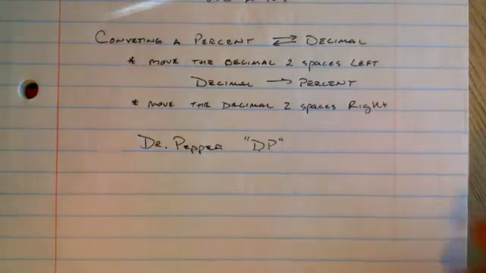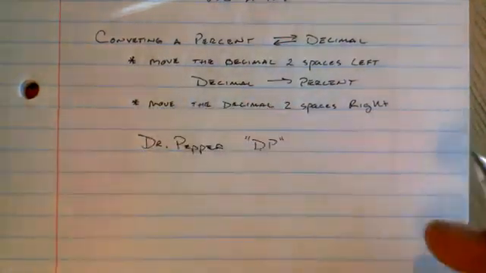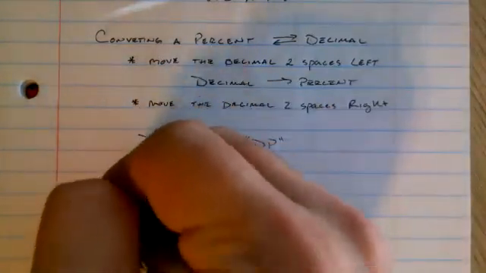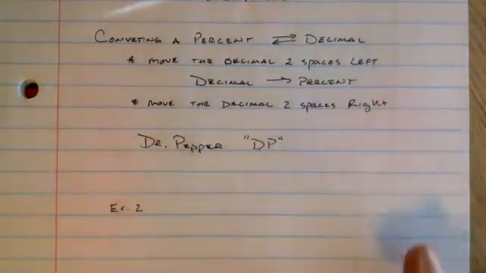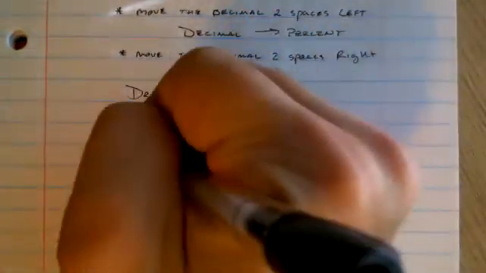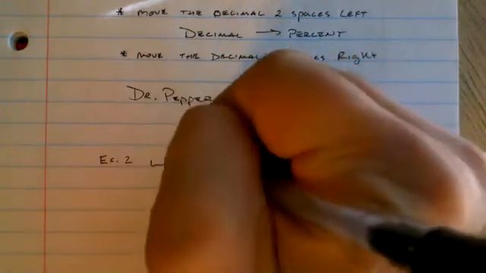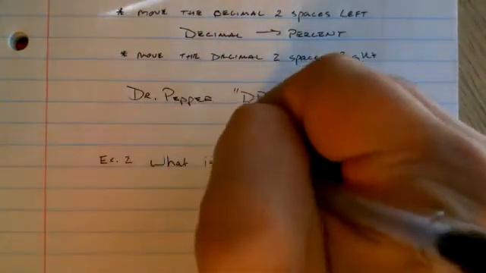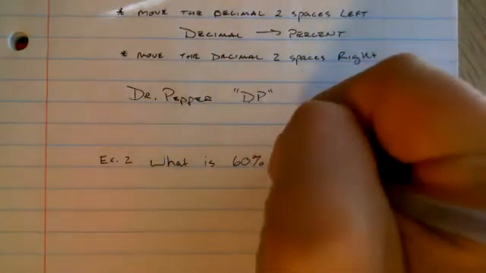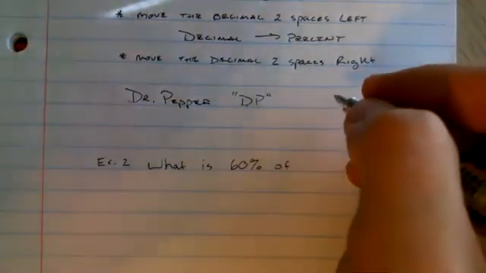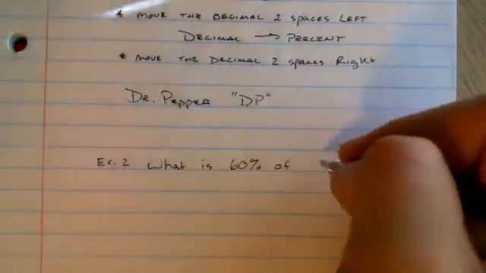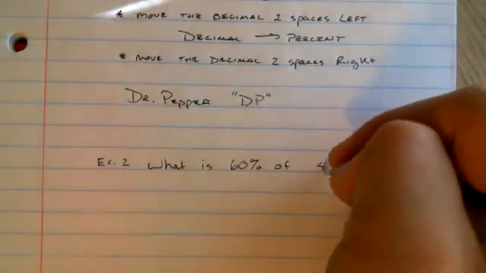Okay, and that's important because you might at times be asked something along the lines of, so example number 2 here for today, and you might remember these. What is 60% of, and let's just think of a number. I don't know, let's go with 42.